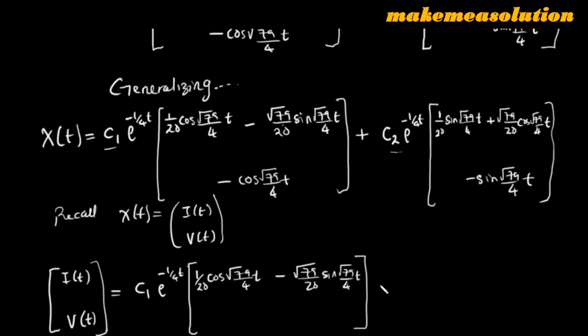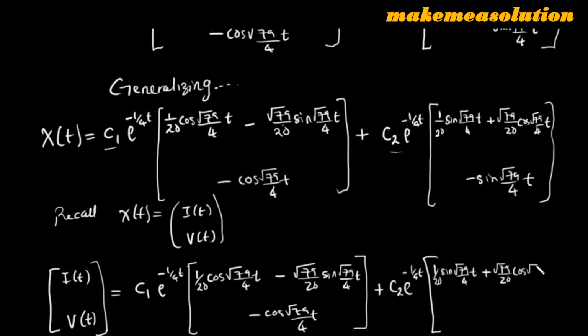You now have plus c2 exponential minus 1 over 4t. Here is a minus cos root 79 over 4t, and into this vector 1 over 20 sine root 79 over 4t, then plus root 79 over 20 cos root 79 over 4t, like this. And you now have minus sine root 79 over 4t.